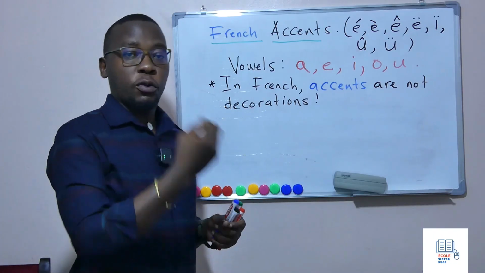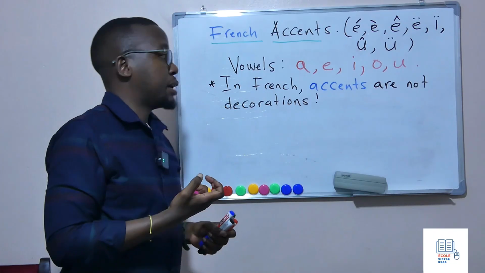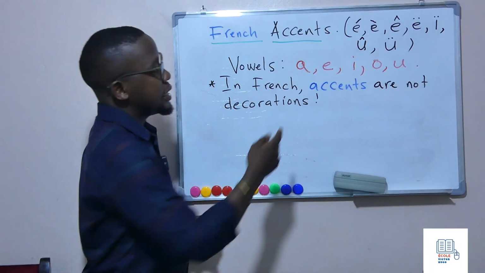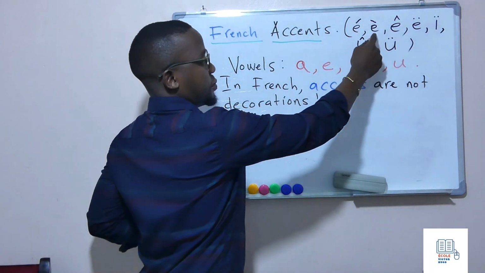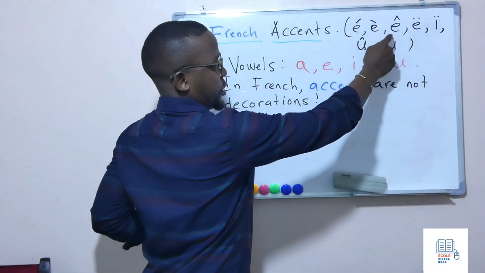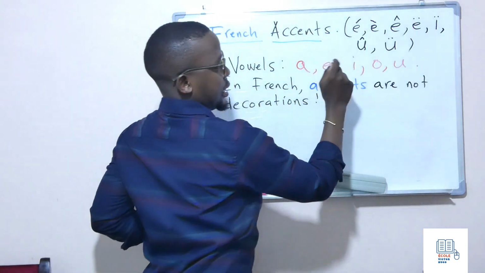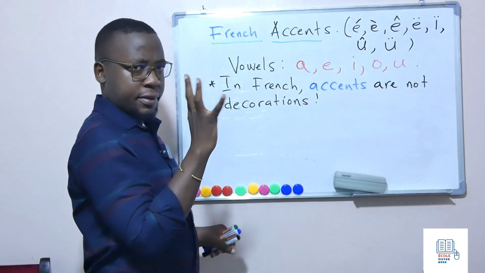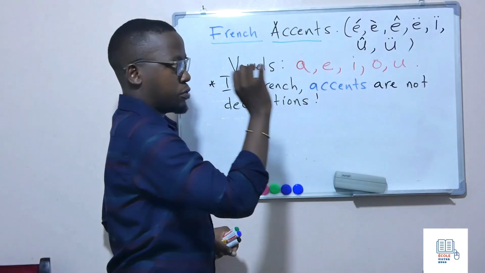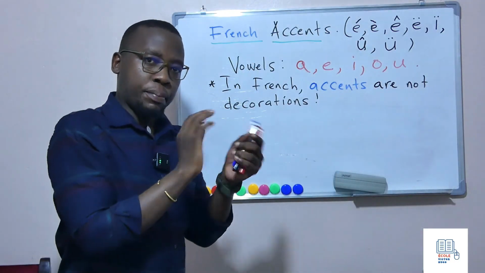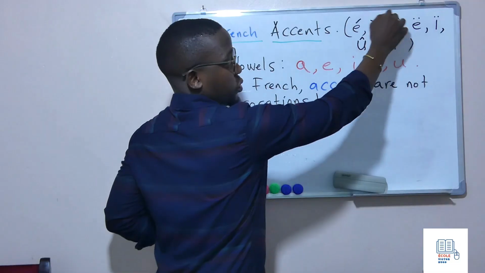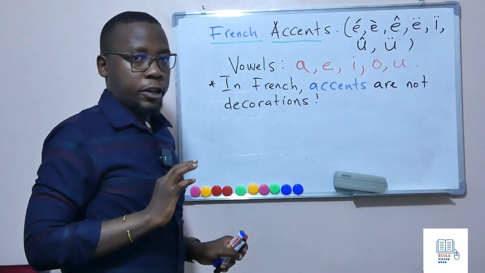And that's where the accent comes in. So you find that this E here is pronounced differently from the E here, and different from this and this and this. They are close, but they have a different way of being pronounced according to the accent on top.